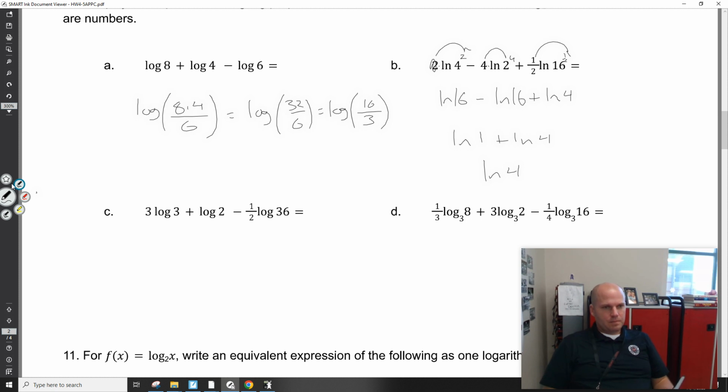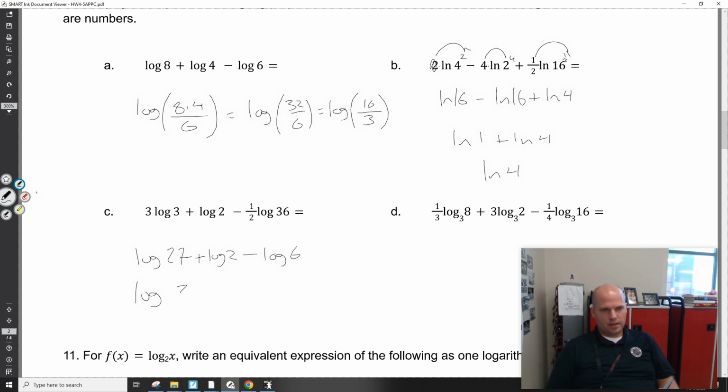Same deal. This is the log of 3 cubed, not 3 times 3. This is 3 cubed, which is 27, plus the log of 2 minus the log of 6. Multiply, then divide, or 2 divided by 6 is 1 third, so 3 in a denominator.